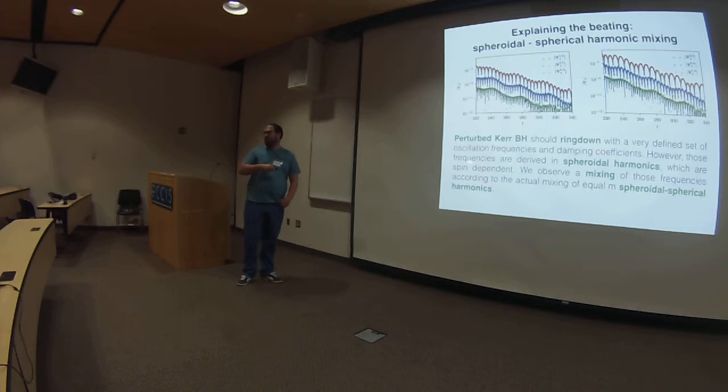So the frequencies and the damping rates of the ringdown are basically described in spheroidal harmonics, which are spin dependent. And it is known that the spheroidal and spherical harmonics mix L modes of equal m. So what we're basically seeing is that we extracted the signal in spherical harmonics, and therefore the extracted signal showed that mixing of the different modes, which introduces that beating.